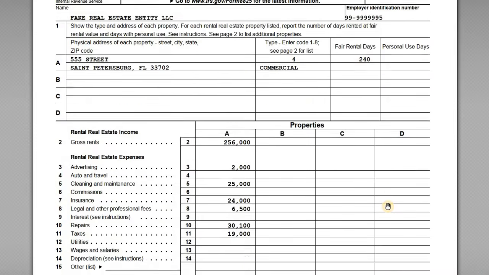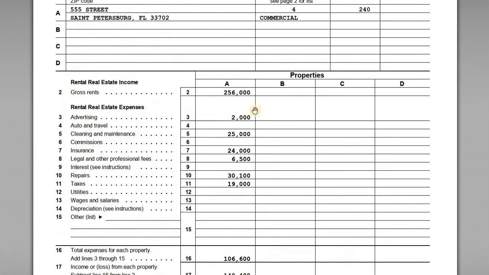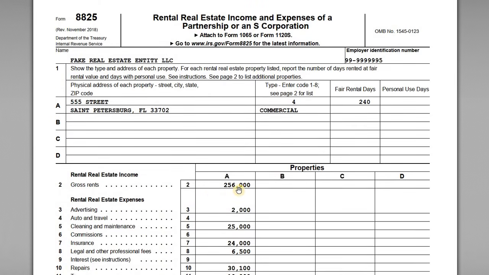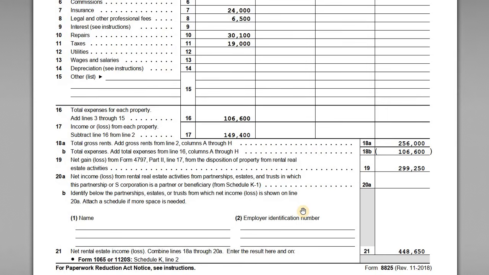This is reported down here on line 19 as the ordinary piece. So the 8825 is where we report the gross rents and all the expenses for the period. And then to the extent you have any kind of Section 1250 ordinary recapture, it's reported here on line 19. Now remember, if this property was placed in service, let's say in the 90s, and we didn't have any accelerated depreciation, you wouldn't have any line 19 item, right?